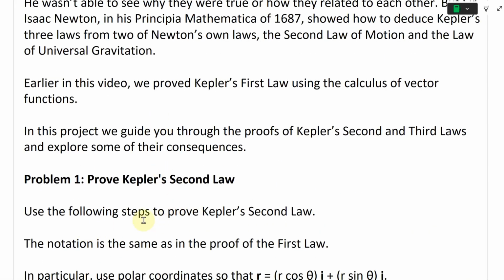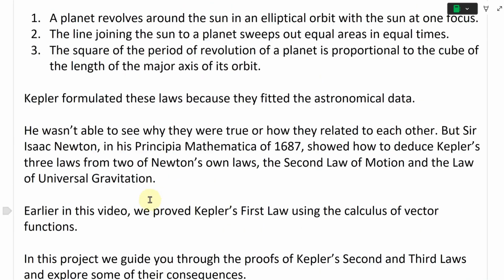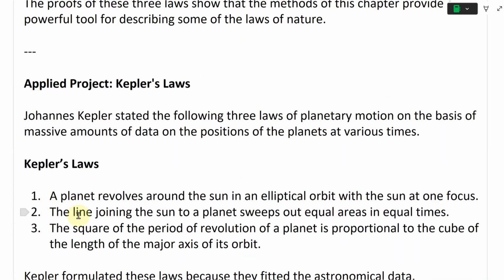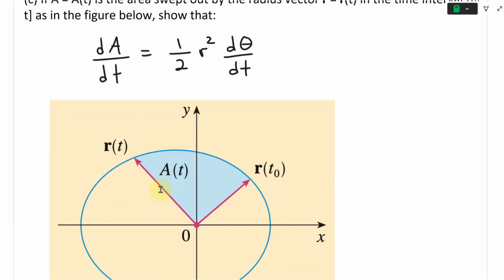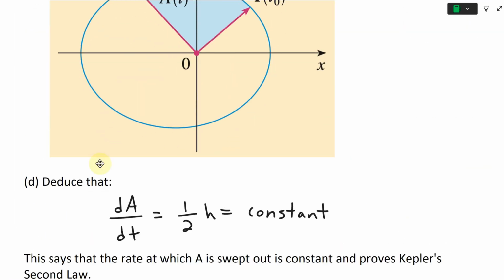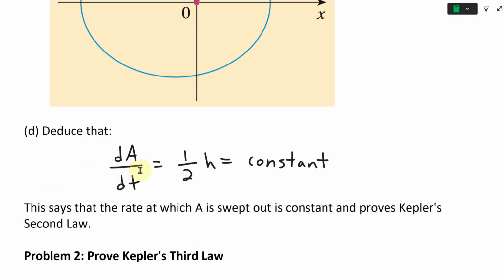Use the following steps to prove the second law, which is that the line joining the sun to a planet sweeps out equal areas in equal times. So that's the key one. All right. And then part D states, deduce that dA over dt equals 1/2 times h, which equals a constant, because the number h is the magnitude of the constant vector.